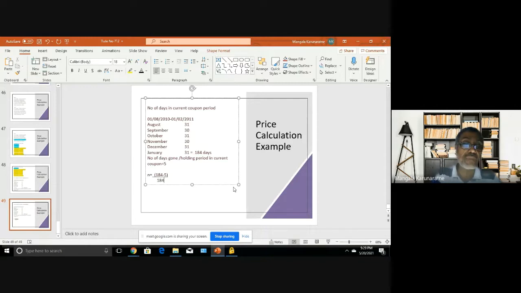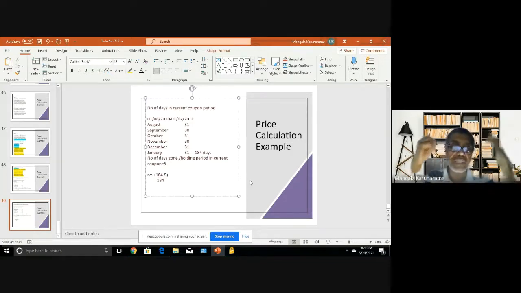Because if one period equals 184 days, you need to calculate the portion of that period for 179 days.